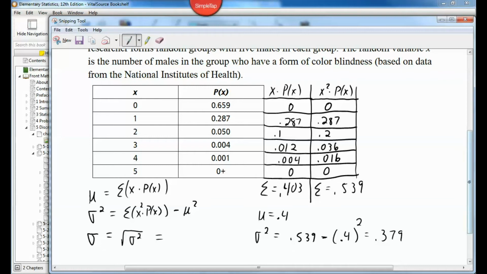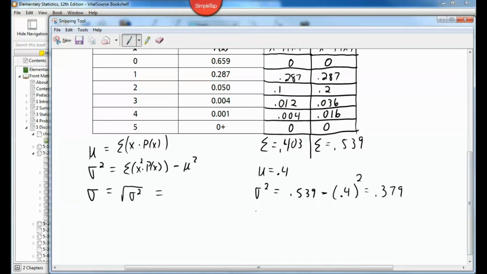Okay. If you want the standard deviation, you just need to take the square root of the variance. Now, I guess technically the variance would be 0.4, but don't use a rounded variance when you find the standard deviation. Don't round, use the exact number.